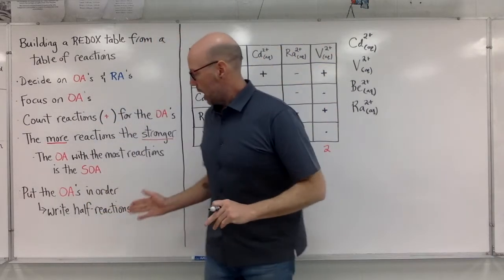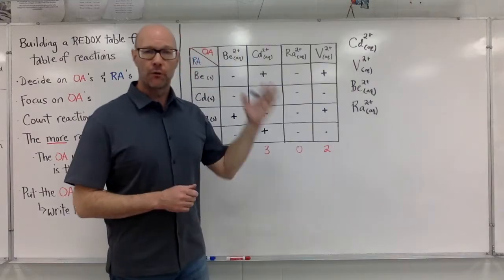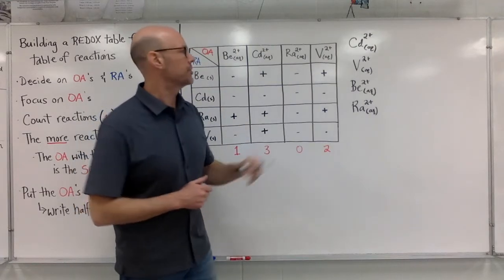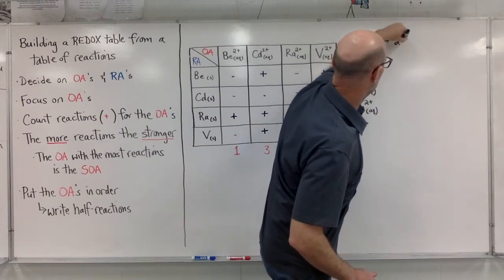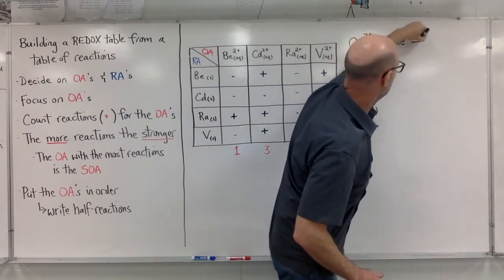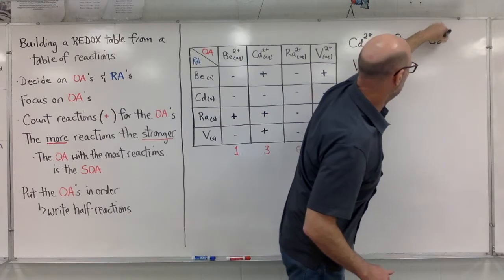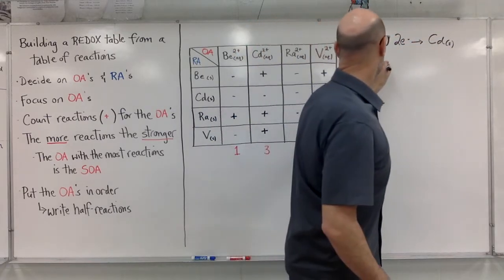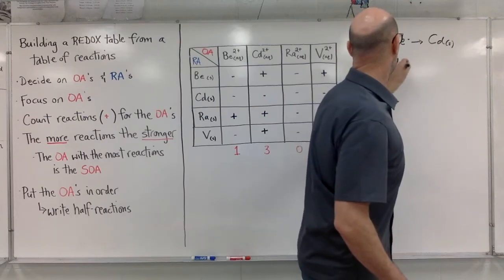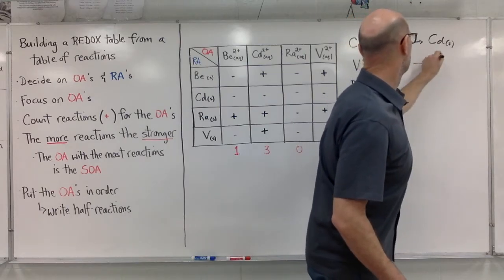And now I'm going to write half reactions for those 4 cations. Cadmium is going to gain 2 electrons to become cadmium solid. Vanadium also going to gain 2 electrons.